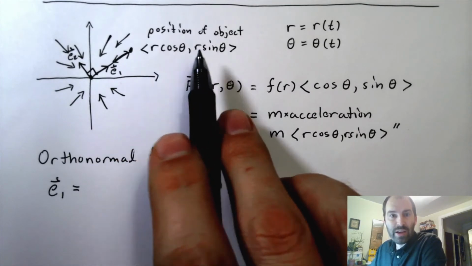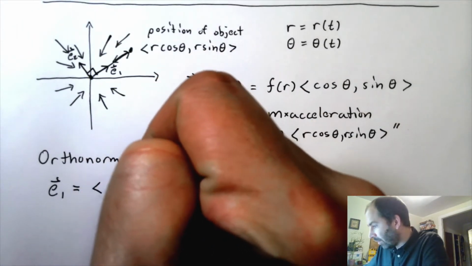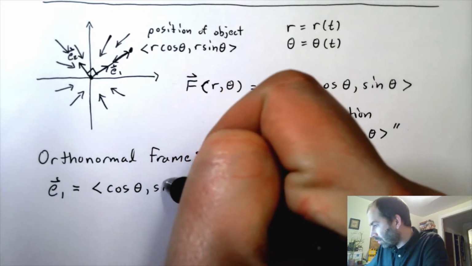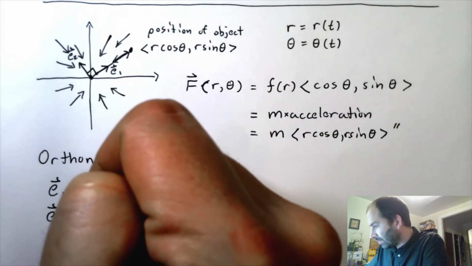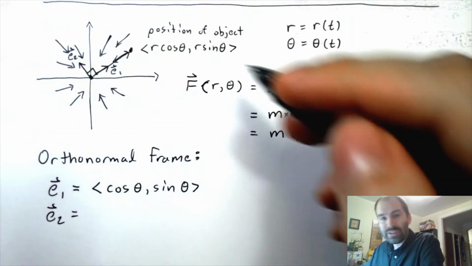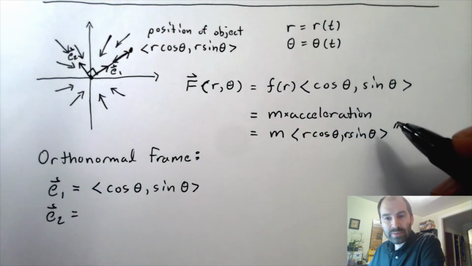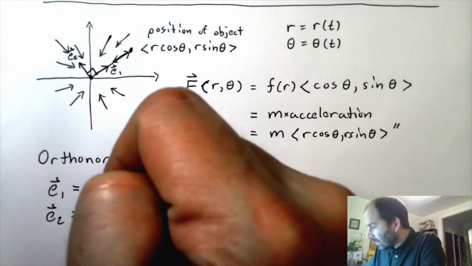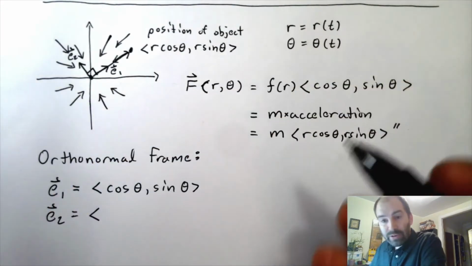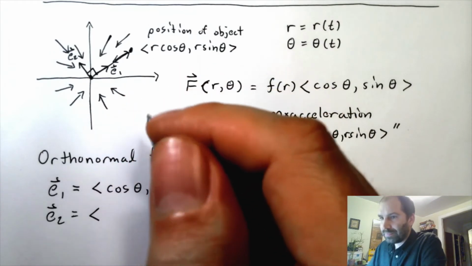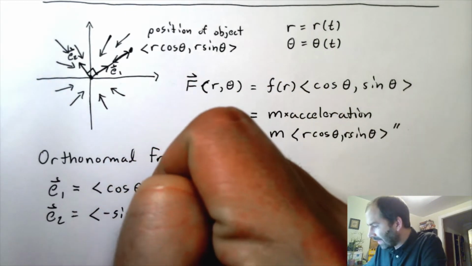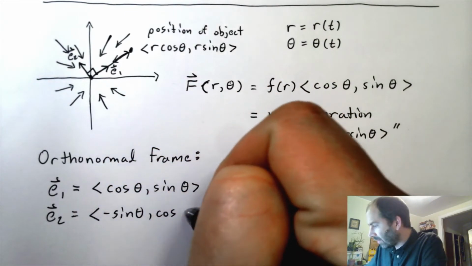So if I take the r's out, that's E1. How do I get E2? Well, it's 90 degrees counterclockwise. It's not too hard to see. Verify this on your own. This is going to be minus sine theta, cosine theta.